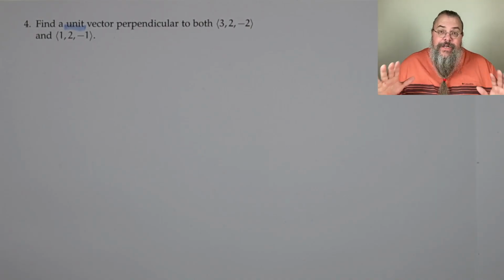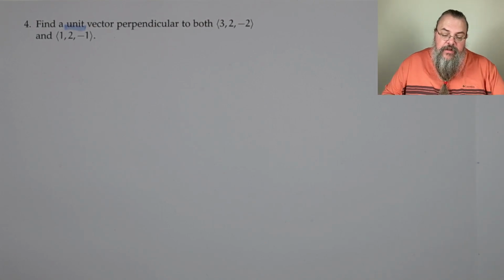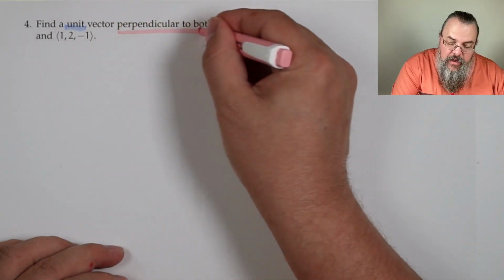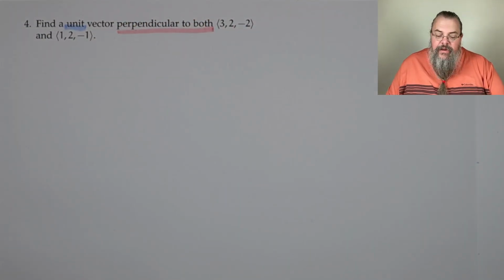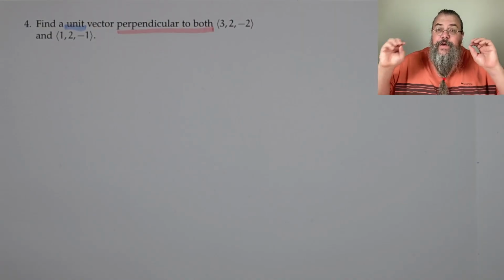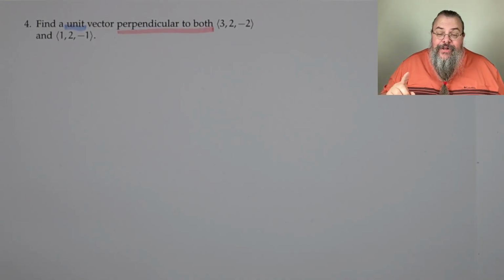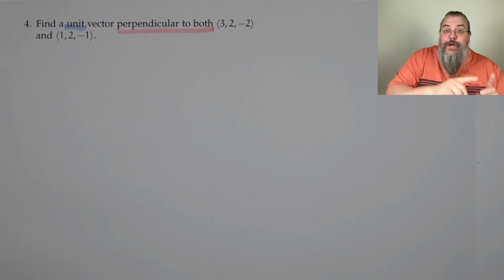What's the first thing we need to worry about is, well, we need to make something that's perpendicular to both. And so we have two vectors. We want to have something perpendicular to both. And this helps: if you want to make perpendicular, how do you do it? Now, test perpendicular, dot product.